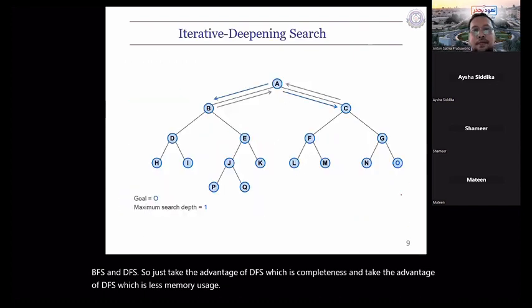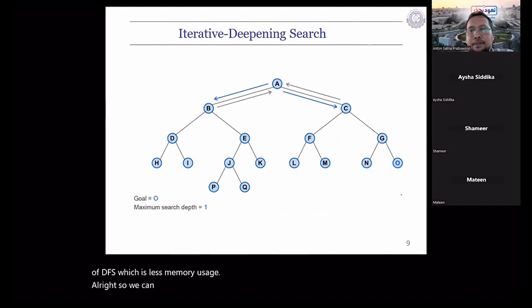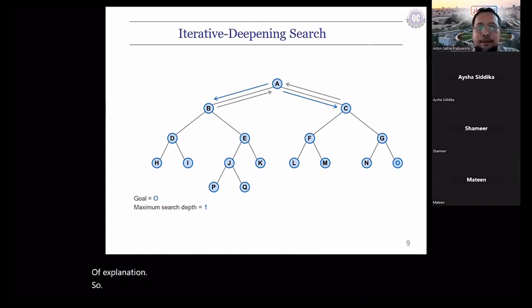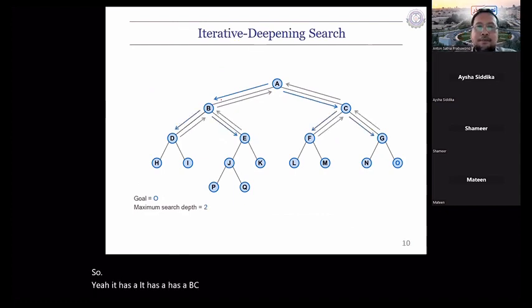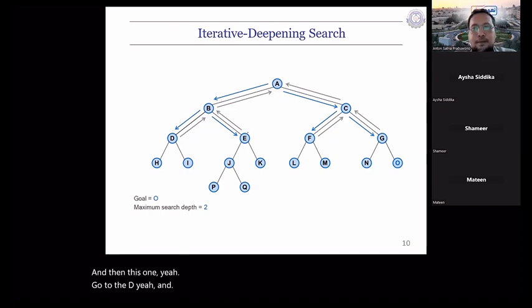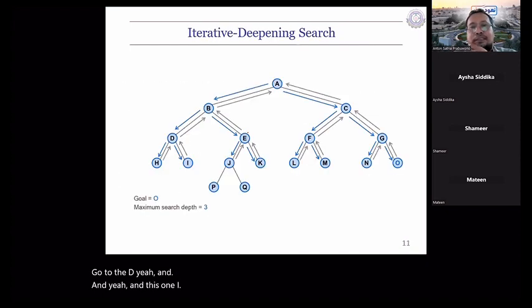We can see a similar illustration with a different way of explanation. Here A has B and C as children, and then we go to D and E. So these are different ways of explanation.